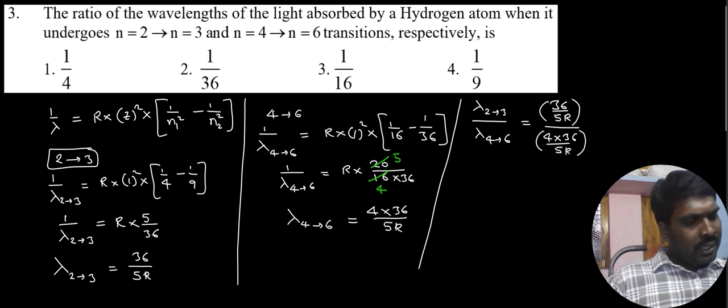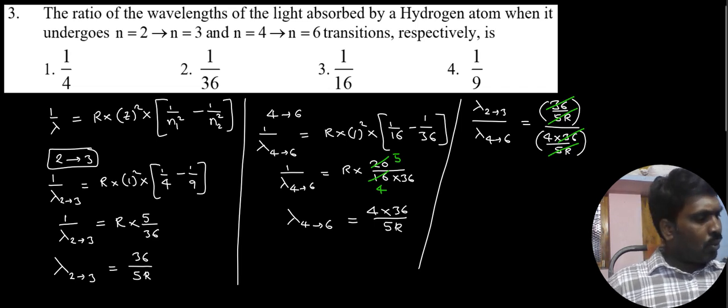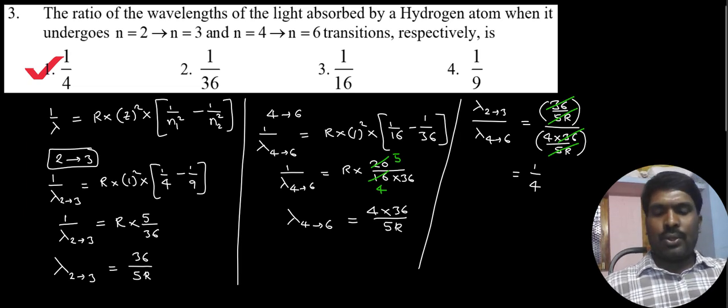Now 36 cancels, 5R cancels. Then what is the answer? 1 by 4. This is the right answer, 1 by 4. So which option is right? Option 1 is right. So, moving to the next question.